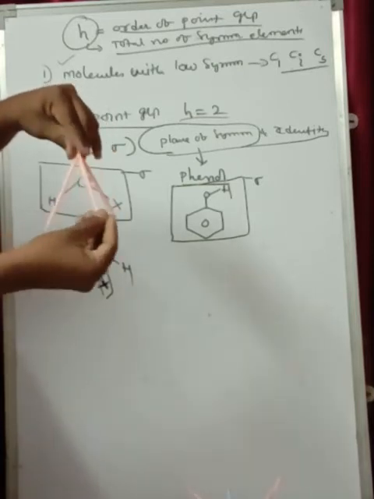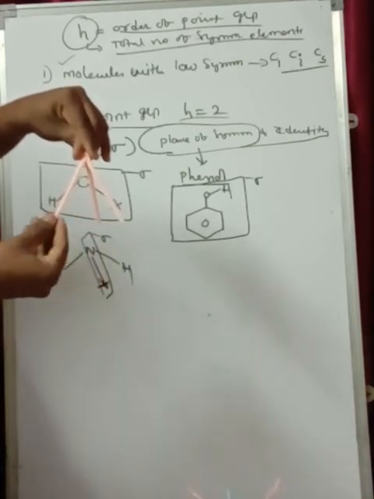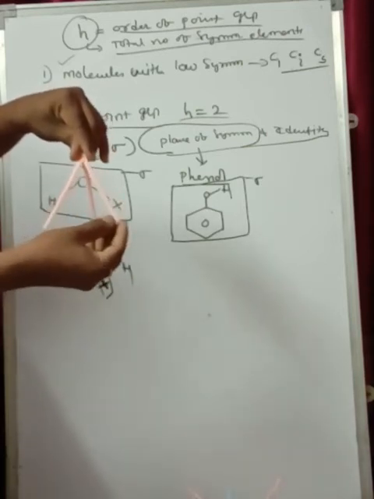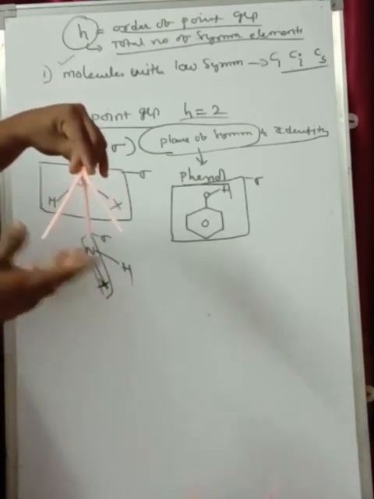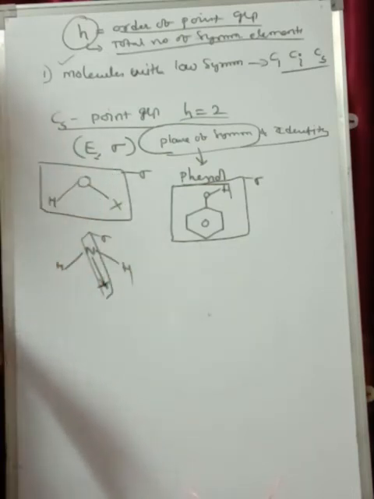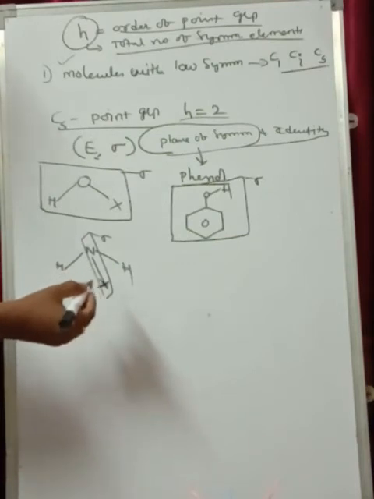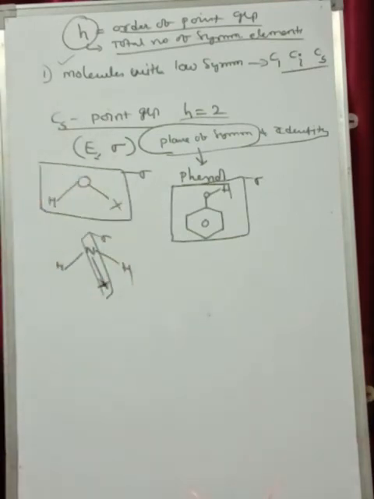If I rotate by 120 degrees, the hydrogen is moving back and the X comes here with hydrogen. So the first and the second structures are quite different. Therefore, we can't say they are equivalent structures. We can easily differentiate both structures. Therefore, in the case of substituted ammonia, it has only a sigma plane of symmetry. No other symmetry is possible.